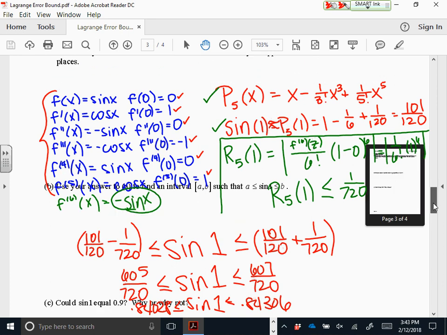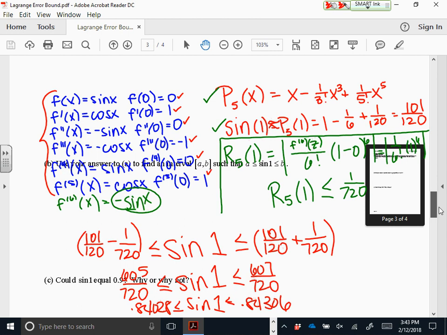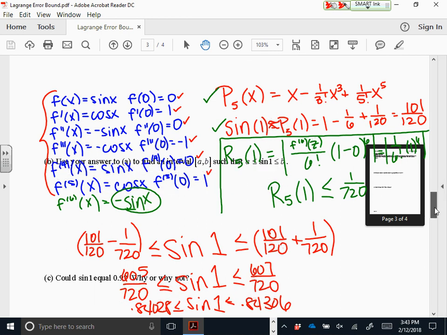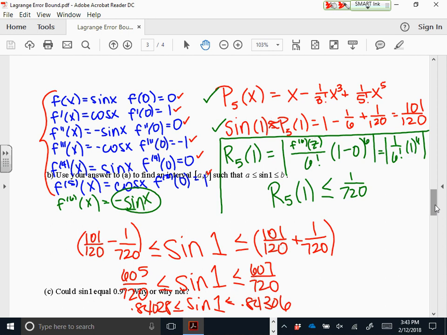Now, could the sine of 1 equal 0.9? The sine of 1 cannot equal 0.9 because it is not in this interval right here that we just created. The sine of 1 has to be in between those two values. 0.9 is not in those two values, so the answer is no.